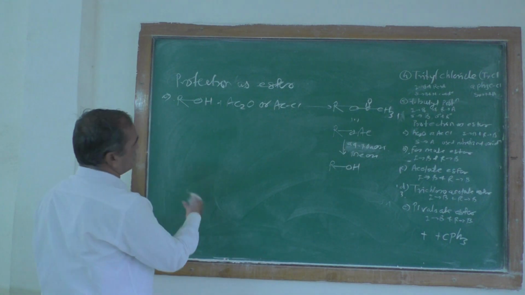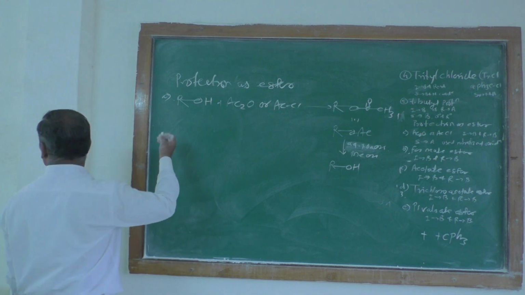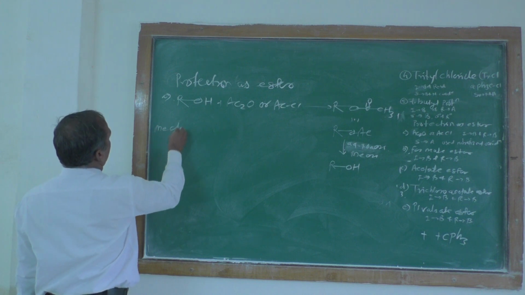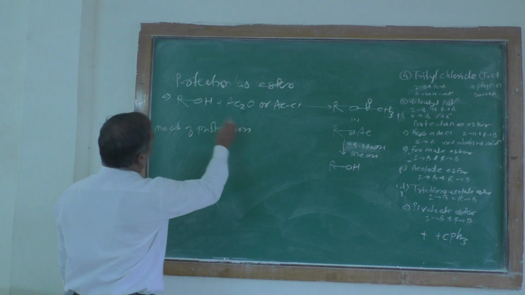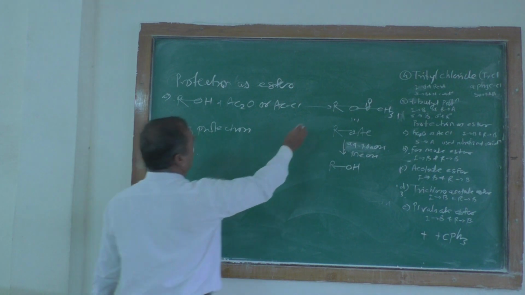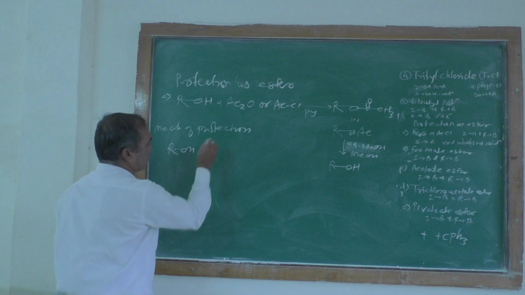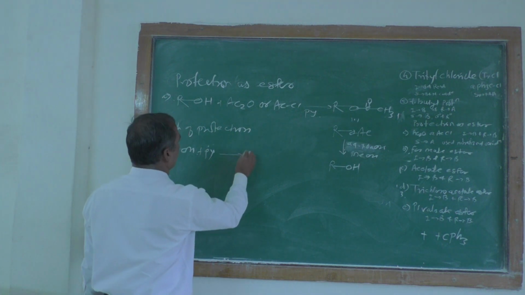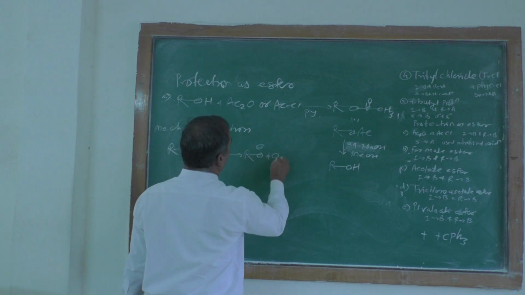Now how does the mechanism of this reaction take place? Let us see the first one. Suppose we have the mechanism of protection. Here ROH will be treated in presence of pyridine. Pyridine is a base which will abstract the proton, and you will get RO minus, and that will be treated with acetic anhydride.